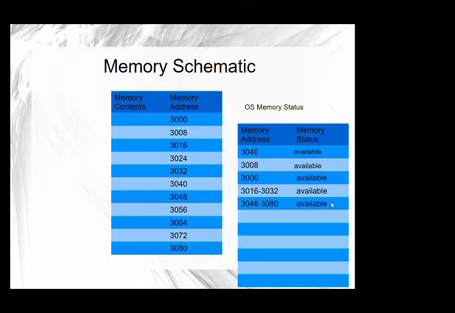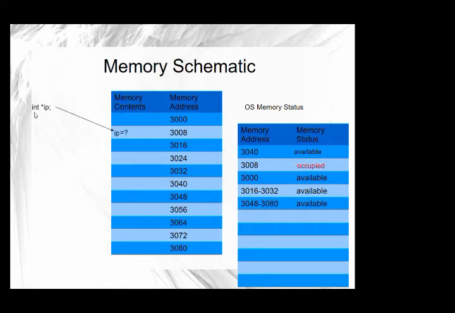We're starting off with everything being available just for demonstration purposes, because the operating system needs to keep track of which memory addresses and blocks of memory are available, and which ones are occupied by which programs. So we're just going to look at this and see what happens as we walk through our code, which we'll start right now.